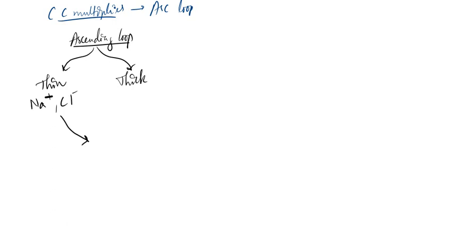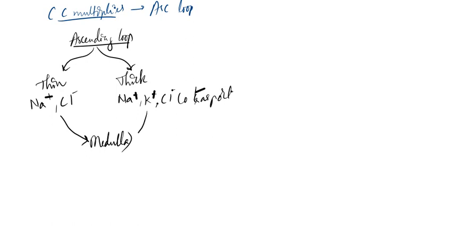in the medulla. Now the thick ascending loop simply helps in the transport of sodium, potassium, chloride, due to the presence of the co-transporter. It transports these ions, sodium, potassium, chloride, and when it comes to the medulla it becomes hyperosmolar, that is 1200.